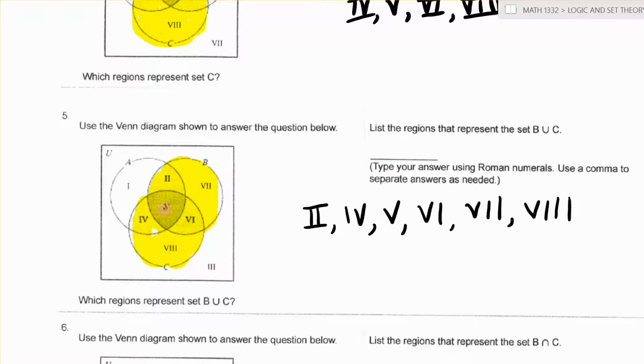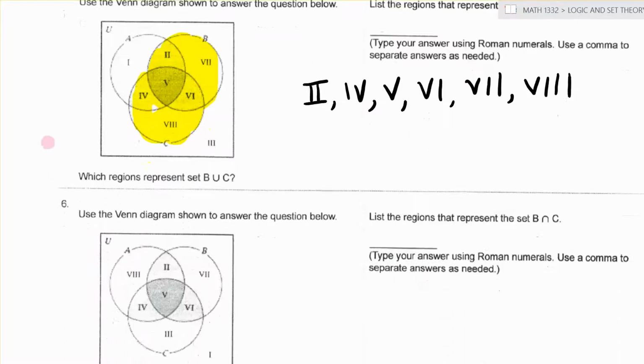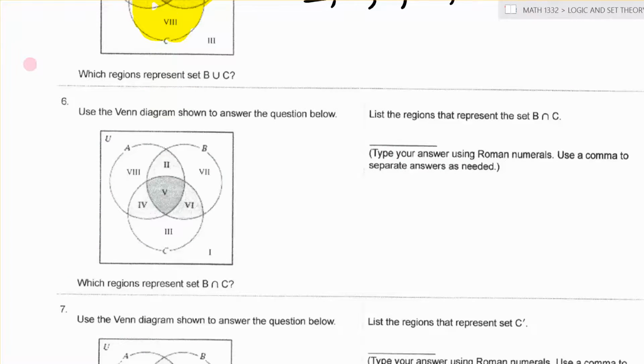There's 1, 2, 3, 4, 5, 6 items. Those are the regions that are in B union C. Okay. Next one.